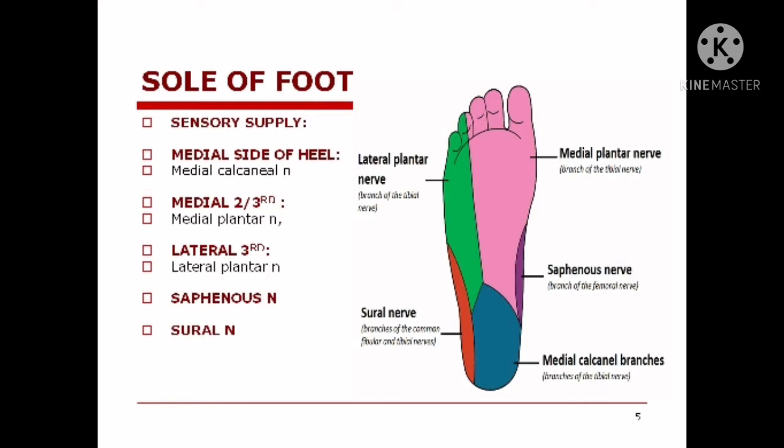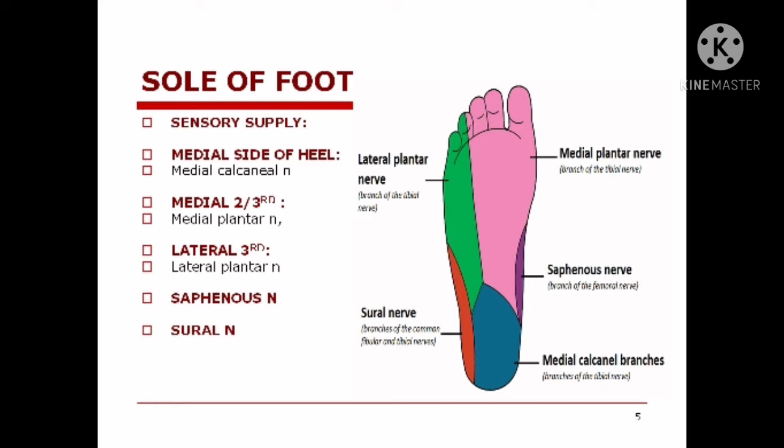The cutaneous innervation of the sole of the foot: the medial side of the heel is supplied by the medial calcaneal nerve. The medial two-thirds is supplied by the medial plantar nerve. The lateral third of the sole of the foot is supplied by the lateral plantar nerve.